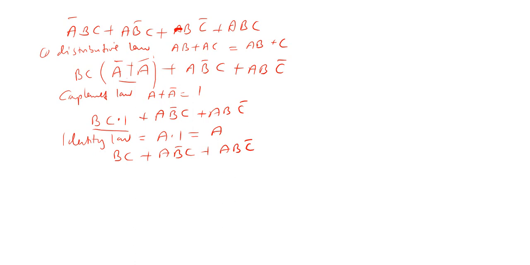Let's use distributive law from this step. So distributive law will give us, we factor C out in these terms. So C, we get A not B or B, and A B and not C. When you consider these two, so from here we are going to use what we call absorptive law.